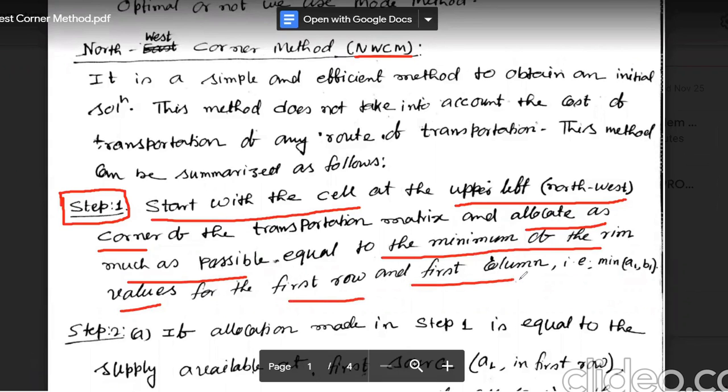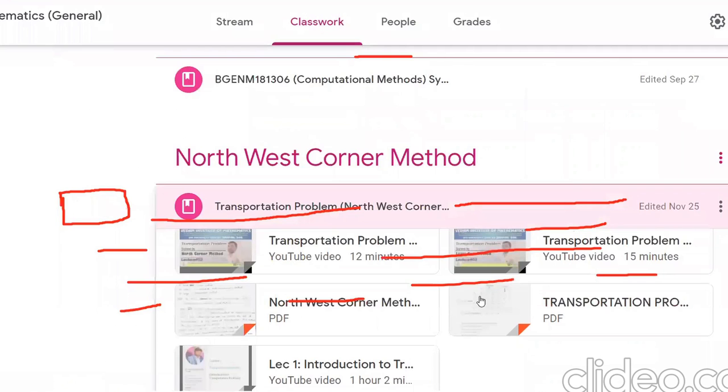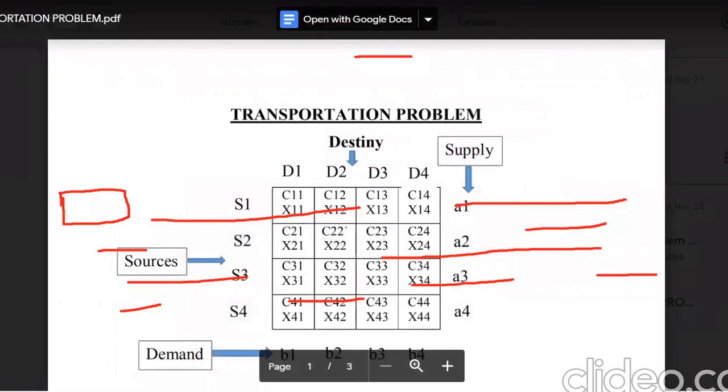That means we need to allocate the minimum of A1 and B1. A1, A2, A3, A4 are the supplies, and B1, B2, B3, B4 are the demands.